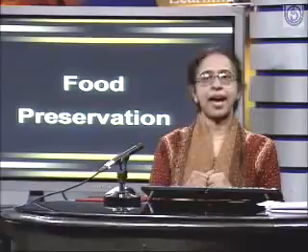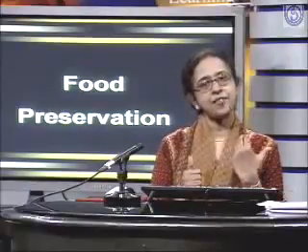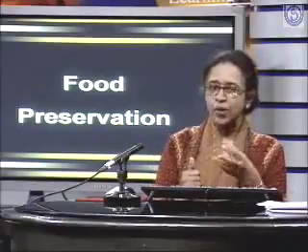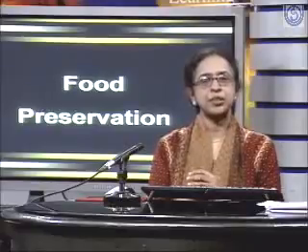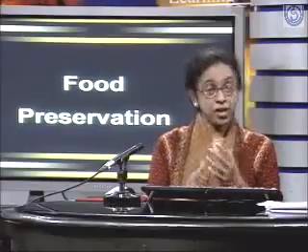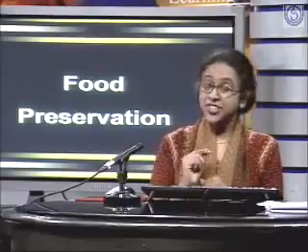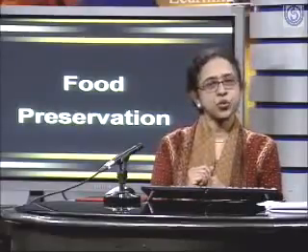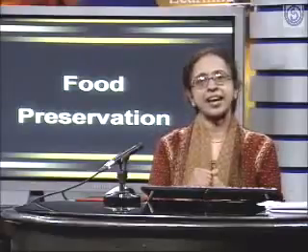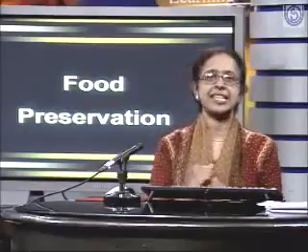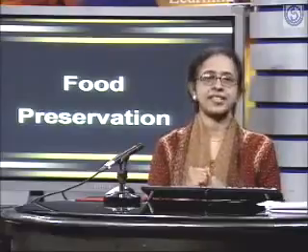Now what do we mean by acids? Here again we have acidic foods, we all know, which taste sour. For example, lemon or orange, tomatoes. These are all foods that naturally contain acids. And it's very interesting to see that some of these foods, if the proportion of acid is high enough, don't spoil as easily as foods which have low acid content.